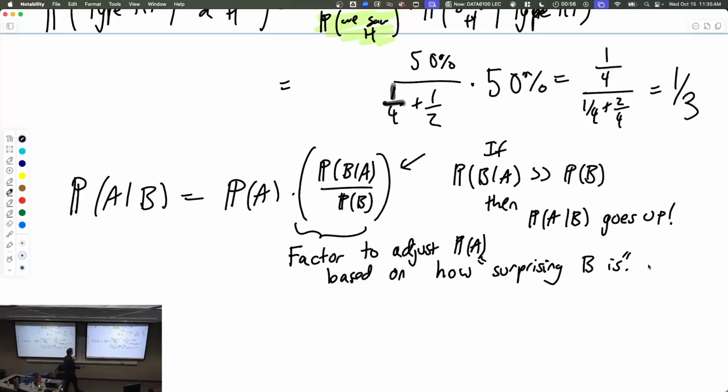If B is a very surprising thing, you see some weirdo event. You're walking around the halls of the building, and you hear in the distance hooves. You're like, whoa, there's not supposed to be hooves inside the math building. That's super weird. The probability of hearing hooves in the building, given that there is a horse in the hallway, is quite high, so this factor is very high.